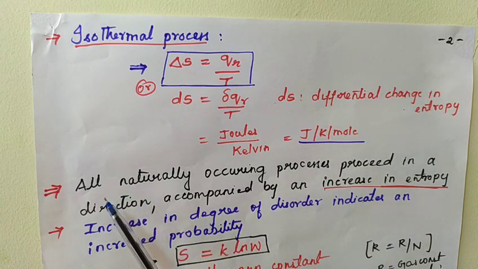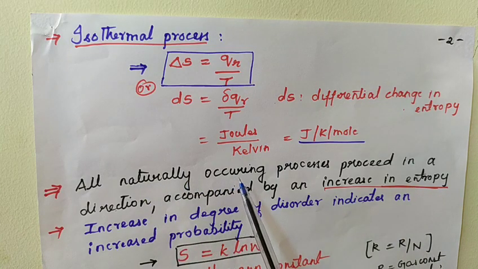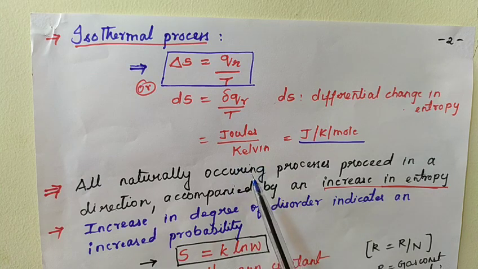Then the next point is that all naturally occurring processes proceed in a direction accompanied by an increase in entropy. Examples are melting of ice, burning of fuel, and flowing of water downhill, all naturally occurring processes.